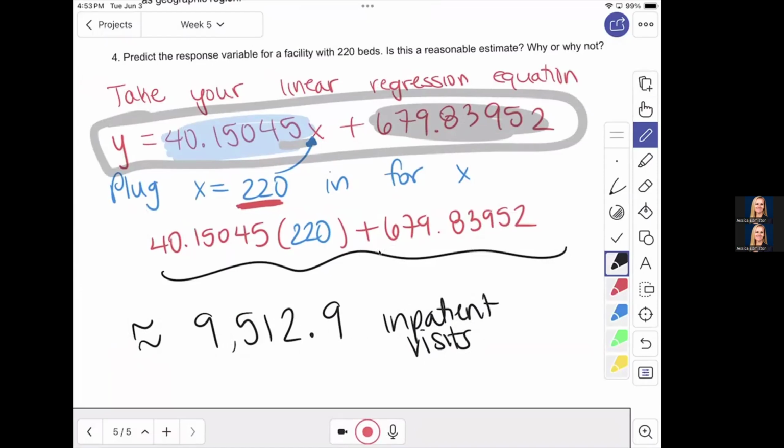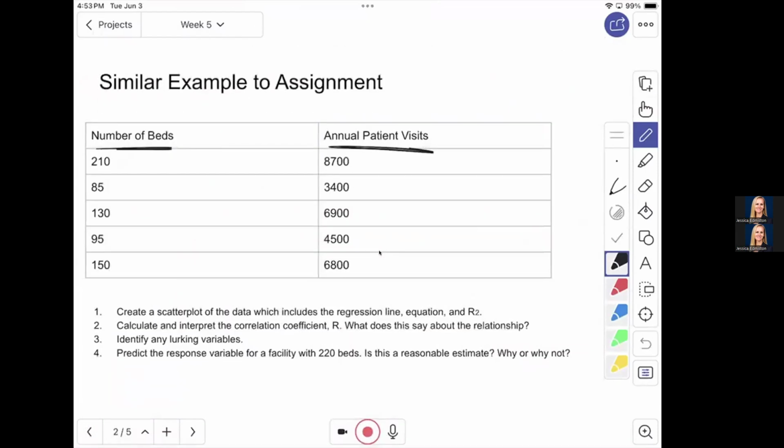But that is similar to what you're going to see on your assignment. And keeping in mind that the X value is the number of beds, and the Y value is the annual patient visits. So if the number of beds was 220, according to our calculations based on our linear regression, we would say about 9,500, and I'll round up to 13.